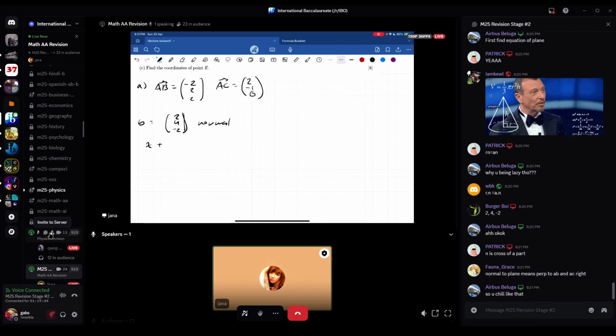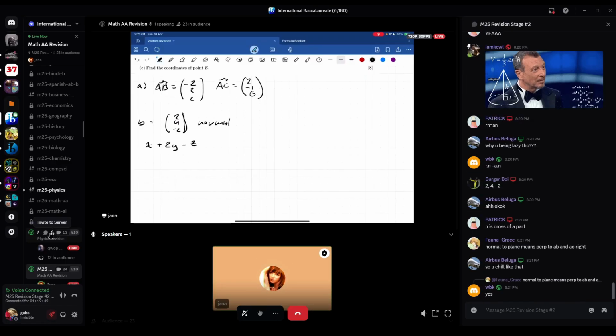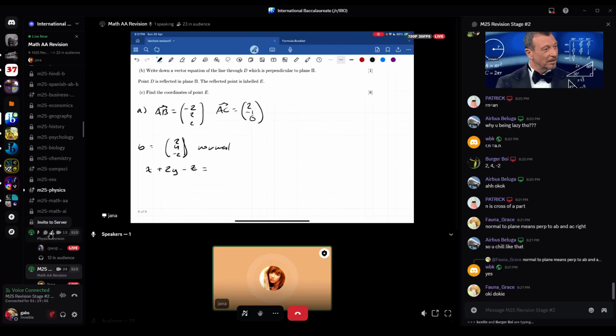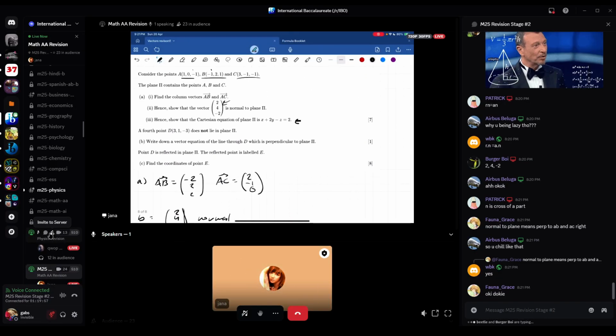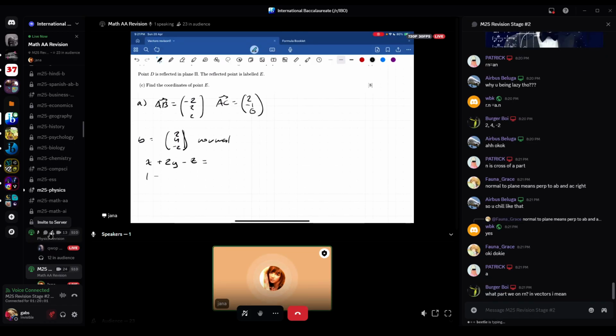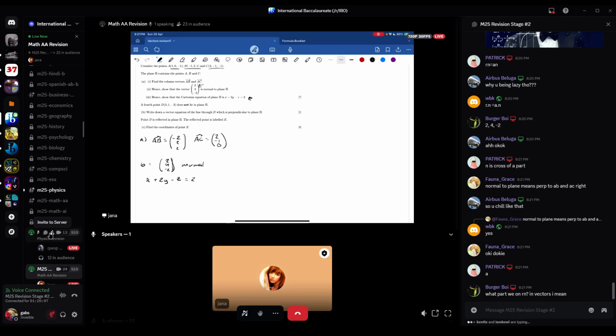So x plus 2y minus z is equal to d. We have to put in one of the points. Which one should we choose? 1, 0, minus 1. So 1 minus minus 1 equals d. D is 2. There we go. That's how you get the Cartesian equation.